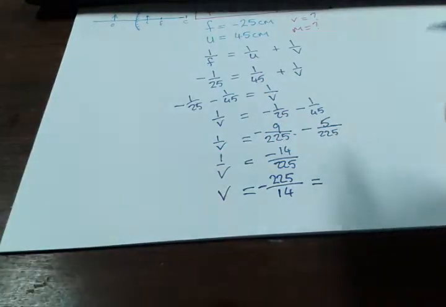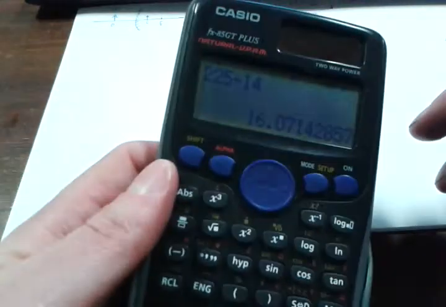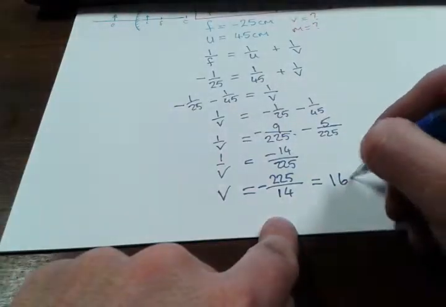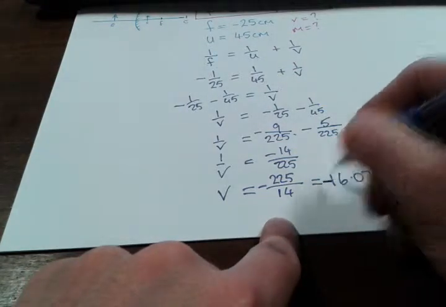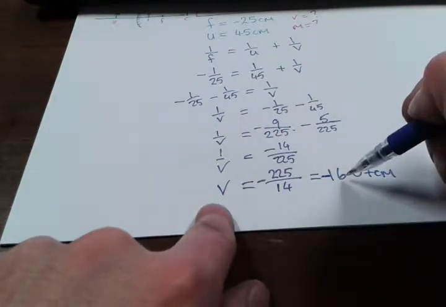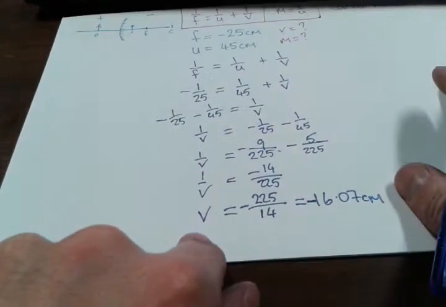To answer this, I'm going to go to the calculator. 225 divided by 14, and I get 16.07. So we'll take 16.07 centimeters, negative value here. We can't forget the minus sign. So this is telling me that I get a virtual image at 16.07 centimeters behind the mirror.